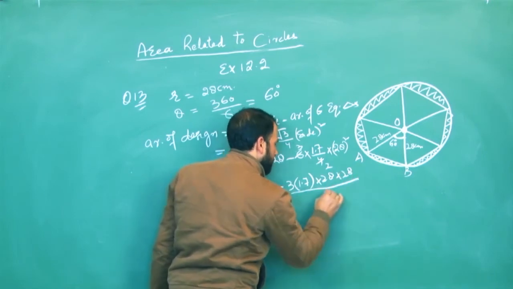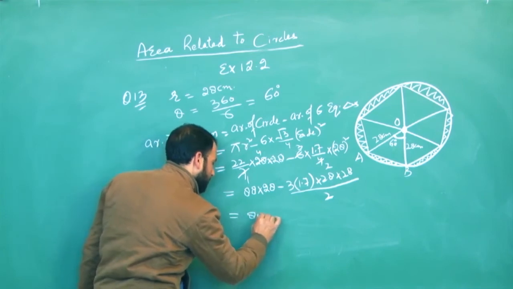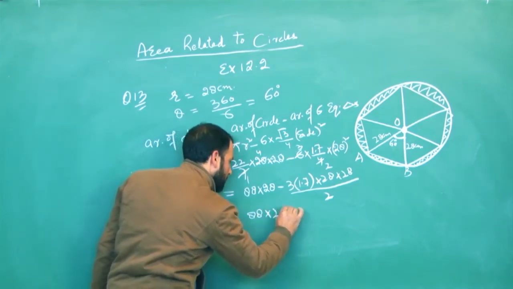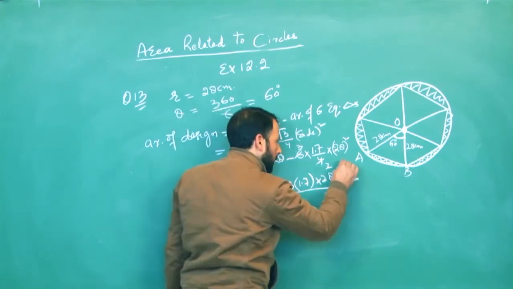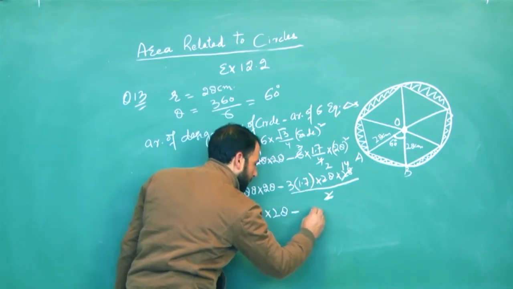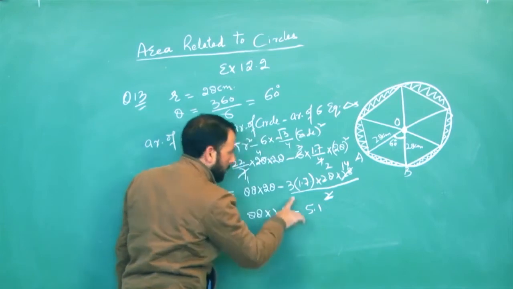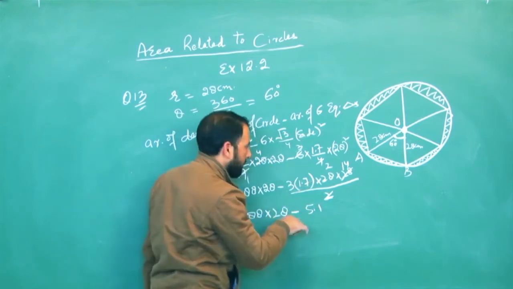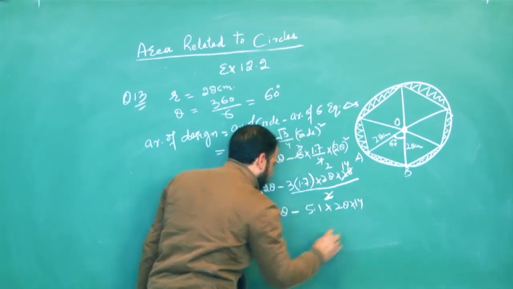So here it is 88 into 28 minus, we can cancel here, 2 1 r 2, 14. So it becomes 3 into 1.7 into 28 into 14.